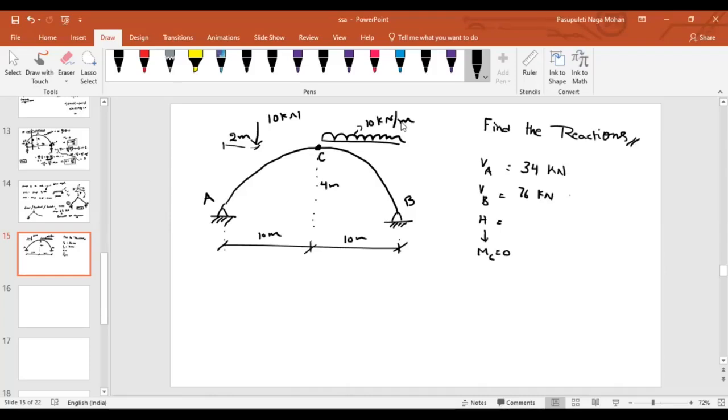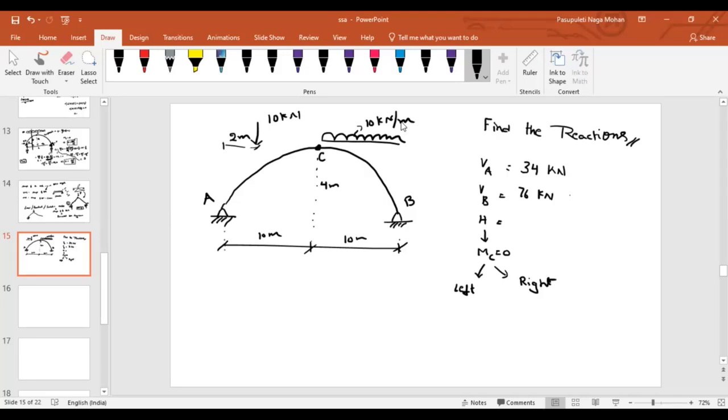Zero, right? So, what's the problem that you guys can face here? What's the horizontal thrust? For this, either I can take moment at C by looking from the left side or by looking from the right side.